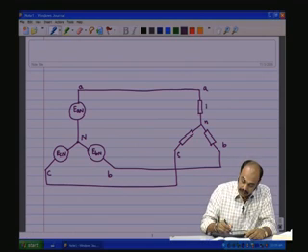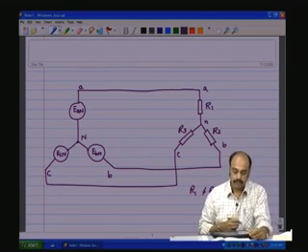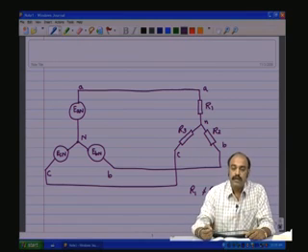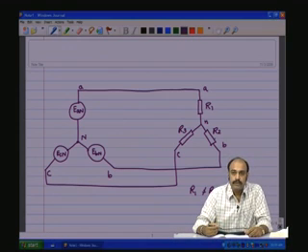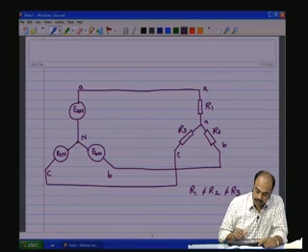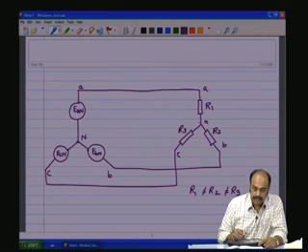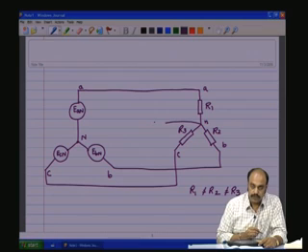Now, if the loads were not equal but unbalanced, that is R1, R2, R3, that is R1 is not equal to R2 is not equal to R3. Under such conditions, we saw that the currents through each of the phase loads are going to have different effective values, and as a result, what was supposed to be IA plus IB plus IC equal to 0 instantaneously, in a wire that goes out from here, is not 0.